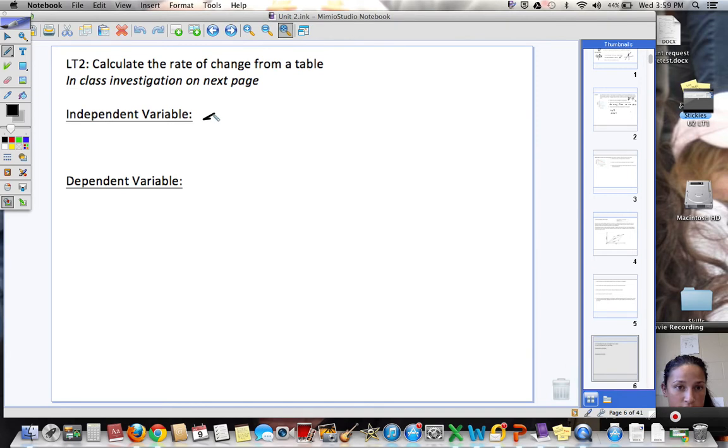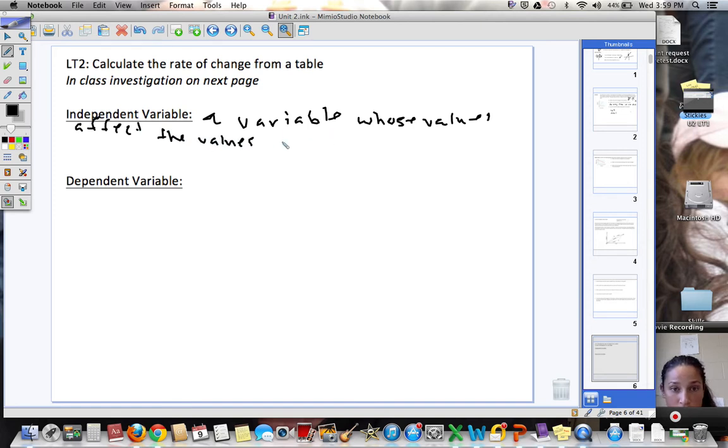So an independent variable is a variable whose values affect the values of another variable.